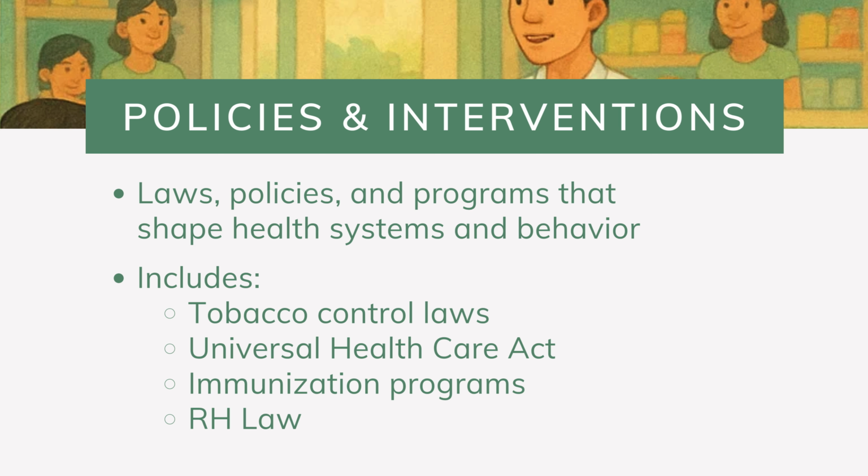We have the tobacco control laws. These include graphic health warnings on cigarette packs and the prohibition of smoking in public areas. This was aimed to help reduce smoking prevalence, but implementation varies.